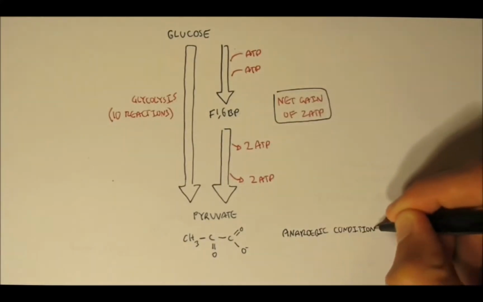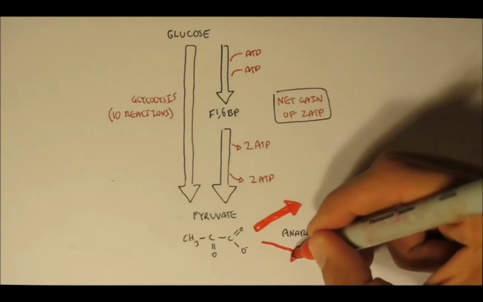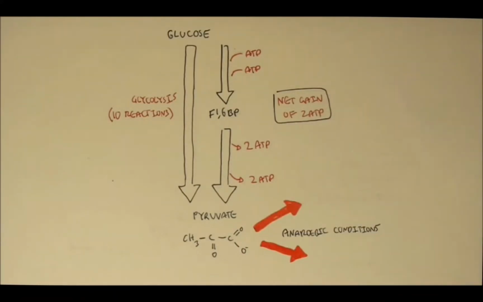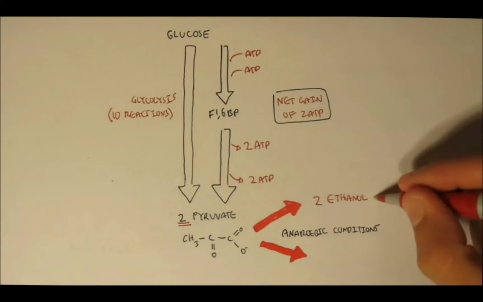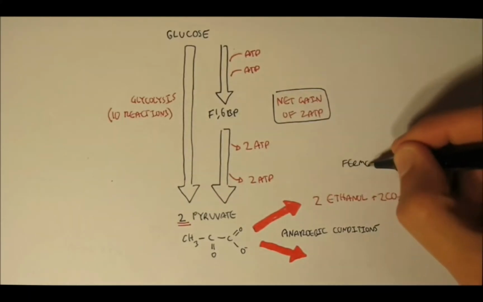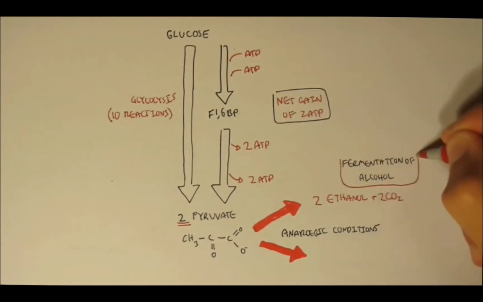In anaerobic conditions, or without oxygen, it can become 2 things. One of which, 2 pyruvates, can become 2 ethanols and 2 carbon dioxides. And this is during alcohol fermentation to make wine or whatnot.